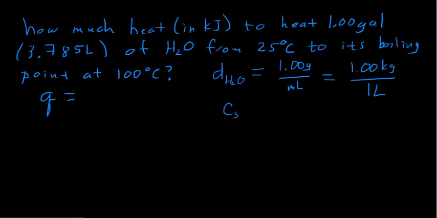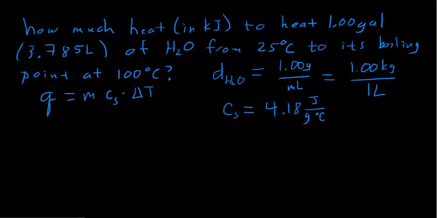The specific heat capacity of water, CS, is equal to 4.18 joules per gram per degree Kelvin or degree Celsius. We're going to use degrees Celsius here. We can interchange those units, remember, because the Celsius and Kelvin degree are the same size. So I'm going to use this equation, M times CS times delta T. I just need to figure out all of those pieces.